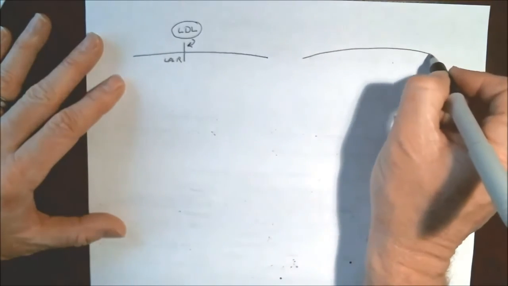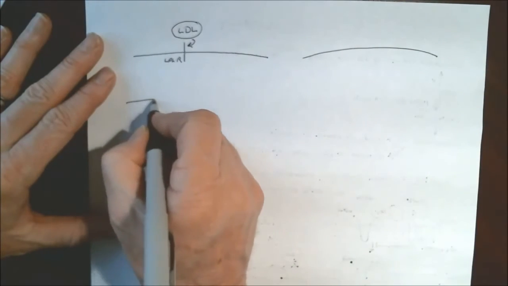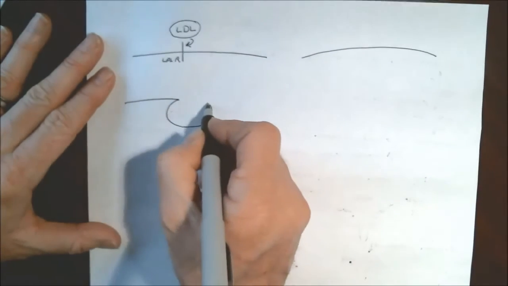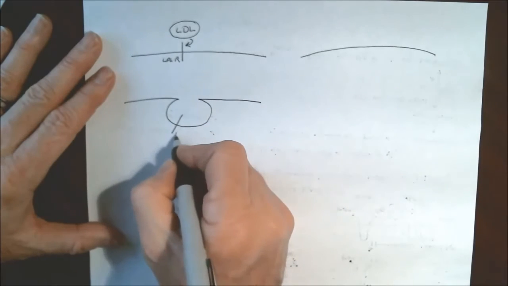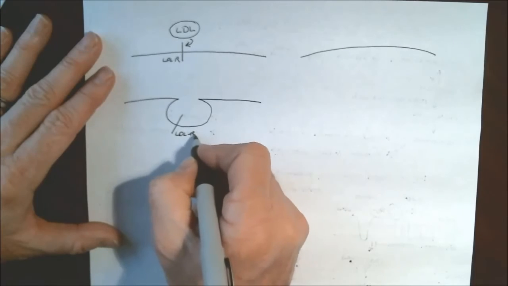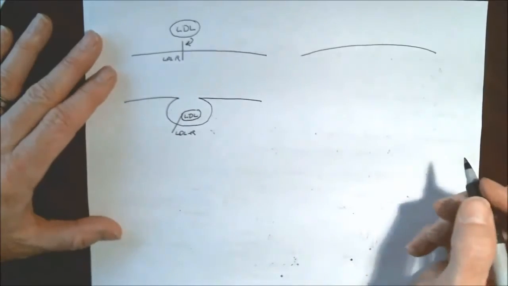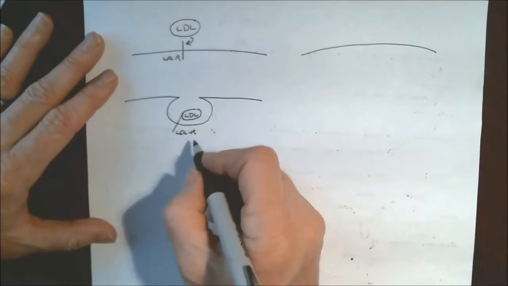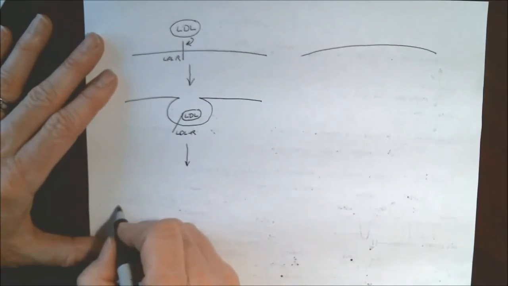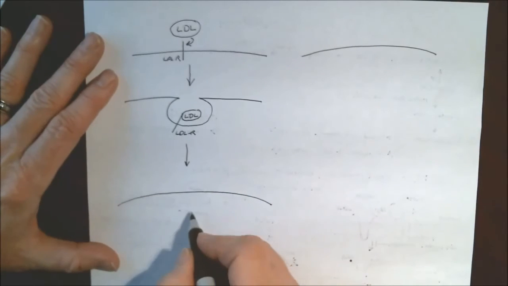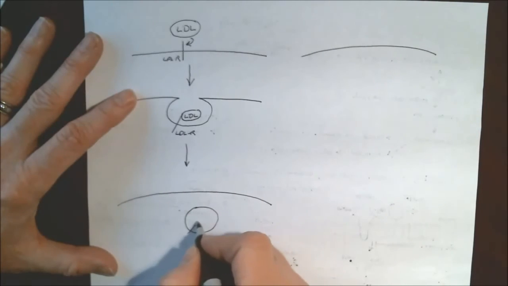Then we will have the beginning of an internalization event. The membrane will essentially be pinching off. Here is the ligand bound to the receptor. The next step is the full internalization into that endosomal structure that we saw in the last video.